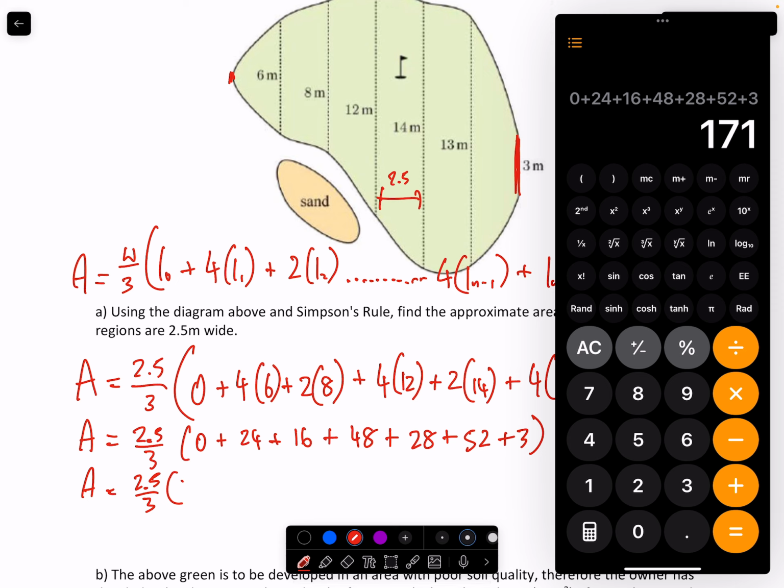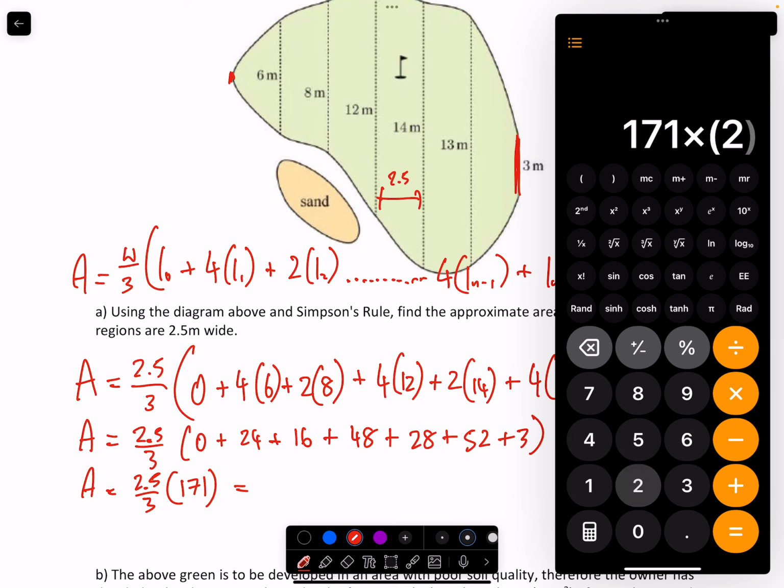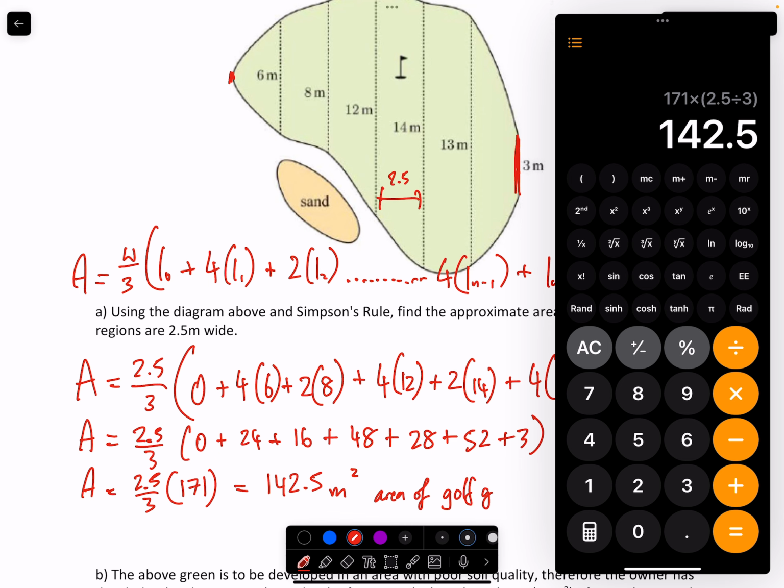I get 171. Times it by, in brackets, 2.5 divided by 3. I get 142.5 square meters is the area of the golf green.